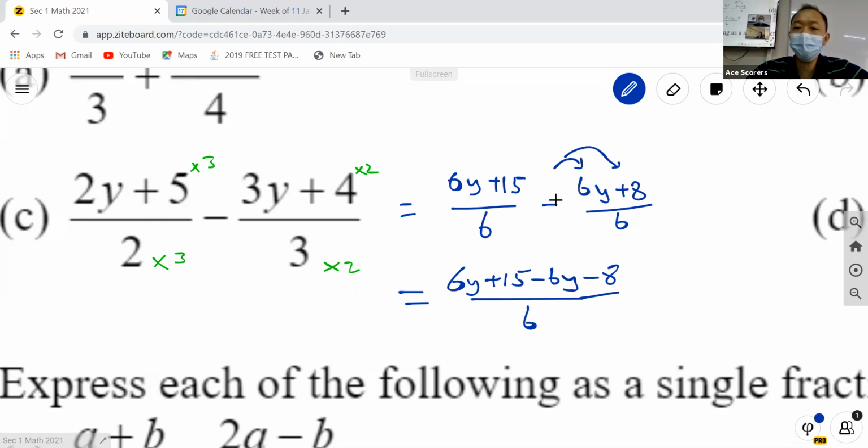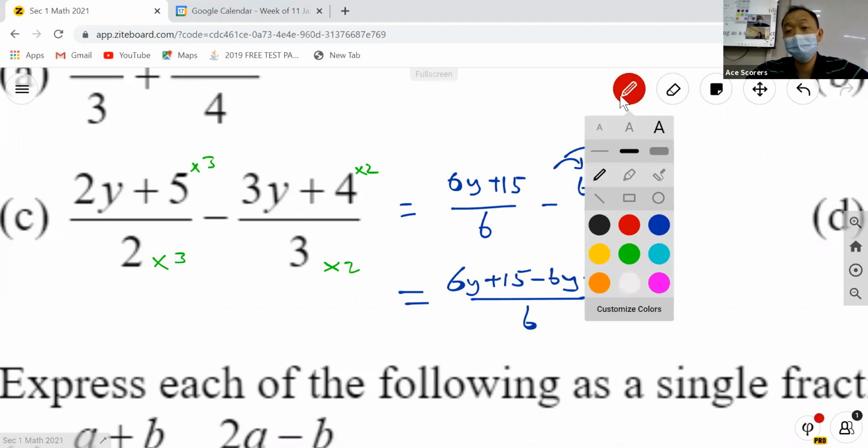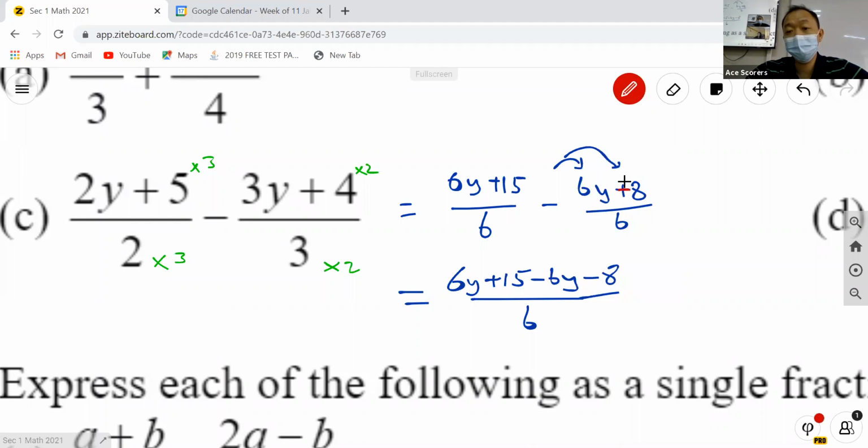Because it's take away, this minus this whole thing. So I have to take away 6y, also take away 8, right? Instead of plus 8, you can see that it becomes minus 8. Let me highlight. Here is plus, but here is minus. Because when I combine, I have to take away this whole thing. So it's take away 6y, also take away 8. You don't write plus here.